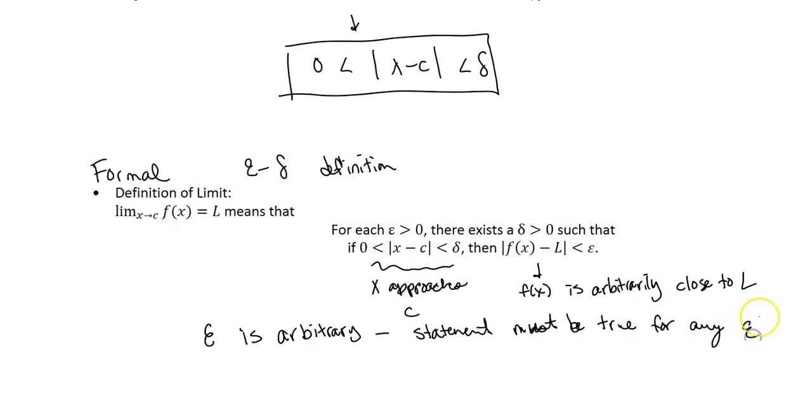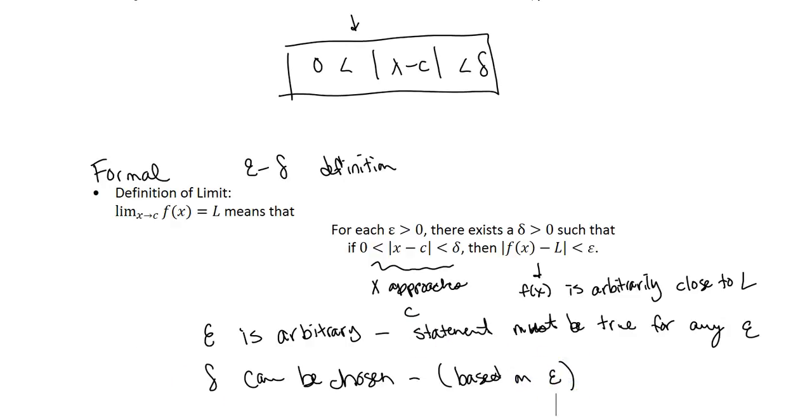You should be able to choose any epsilon greater than 0, and you can find a delta such that all of this works. Delta can be chosen. So notice that it says for each epsilon there exists a delta. So basically what you do here is you let epsilon be arbitrary and you choose a delta that makes it all work. So epsilon is arbitrary, but delta can be chosen, and you usually choose it based on the epsilon.